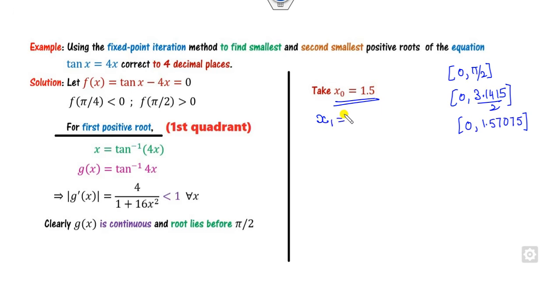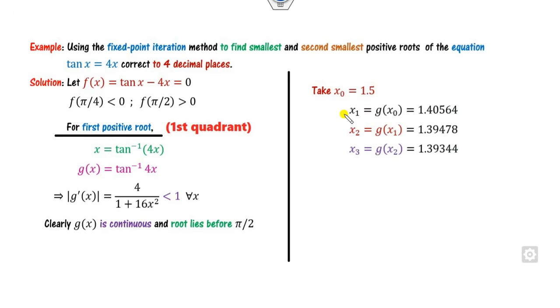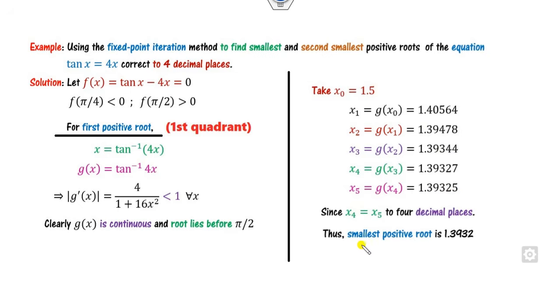Then find the values of x1, x2, x3. Again you can see nothing is given to you. Sorry, 4 decimal places. So they are not matching. We can find x4 and x5. Now you can see the 4 decimal places are matched. Fine. So it means your first smallest positive root is my here, lies in the first quadrant.